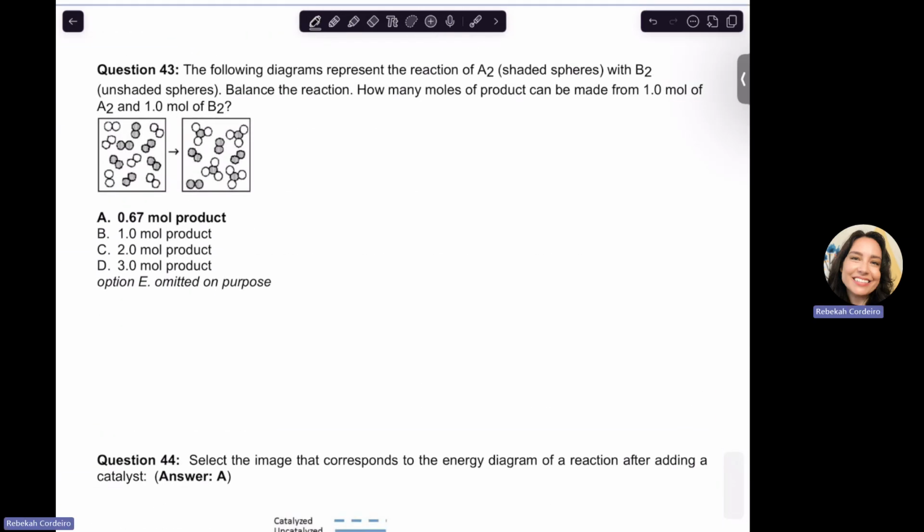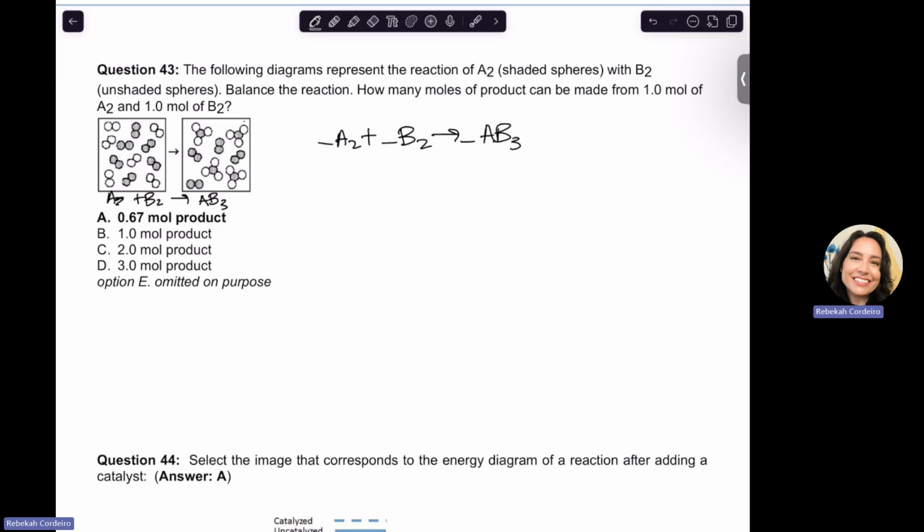Balance the reaction. So it's another one of these. Again, don't worry about the numbers. Just look at what's in the box. This is A2 plus B2 in the box, and this is AB3 in the box. So A2 plus B2 makes AB3.